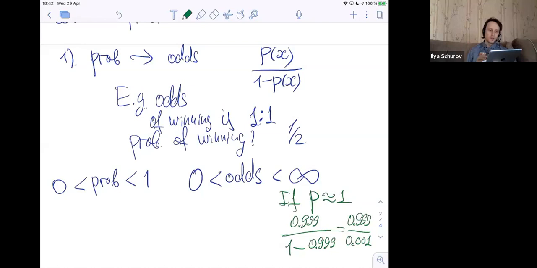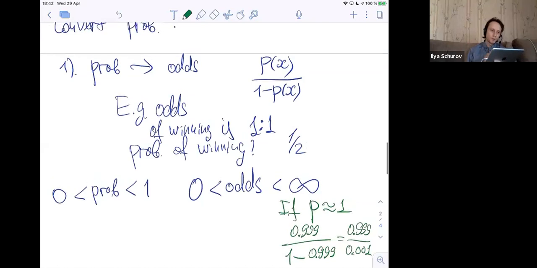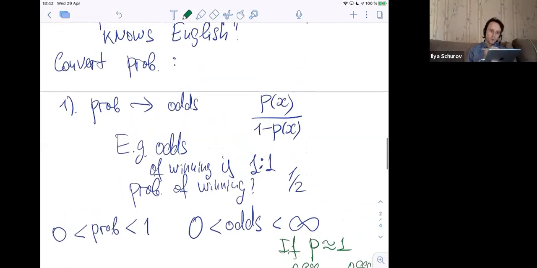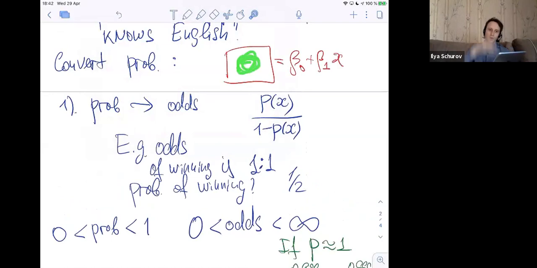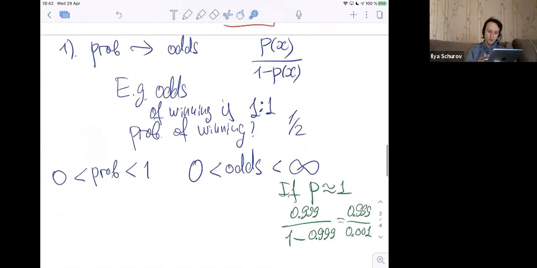But this is not yet the solution, because basically we want to write some model like something equals a linear function. And we want this something to be able to change from negative infinity to plus infinity. So we have to do the second step.